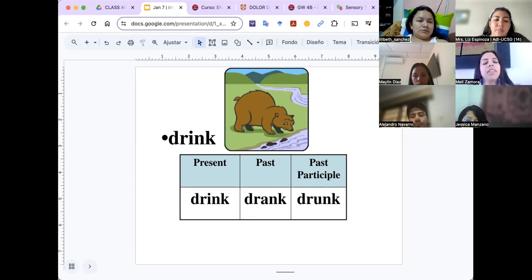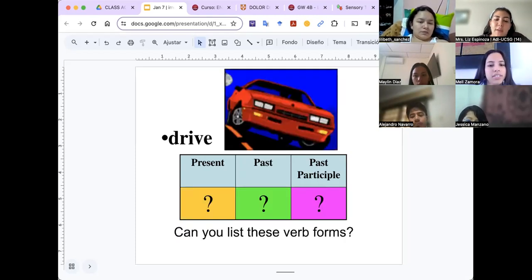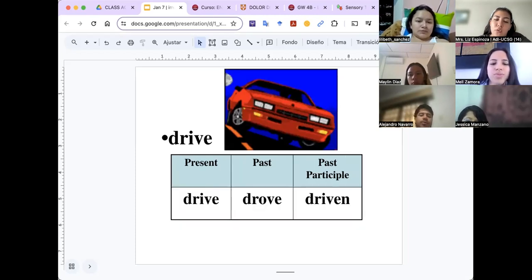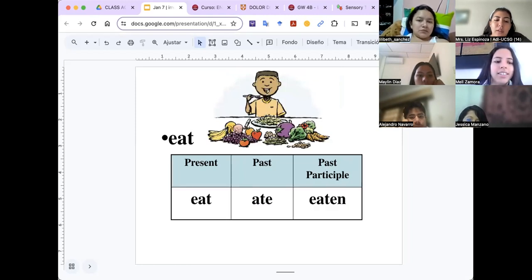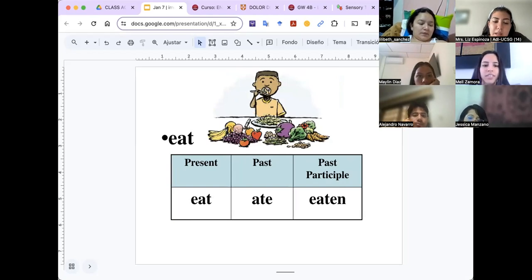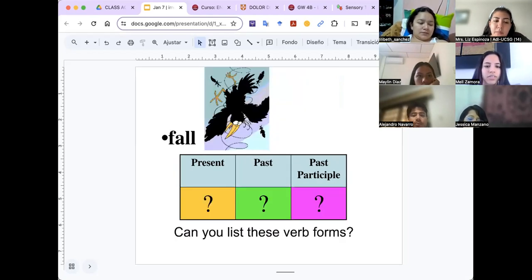Drunk. Drive. Drove. Driven is the participle. Yes, the past is drove. Eat. Ate. Eaten. Ate, eaten. Very good. Remember, past, and the other one is the participle.